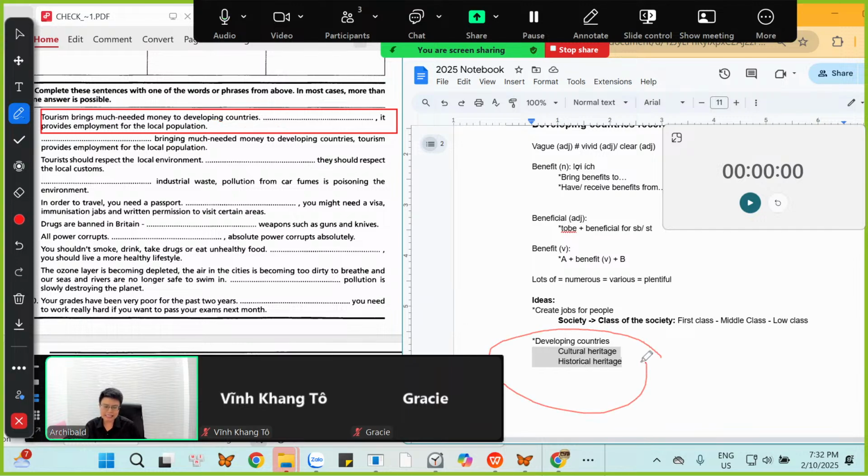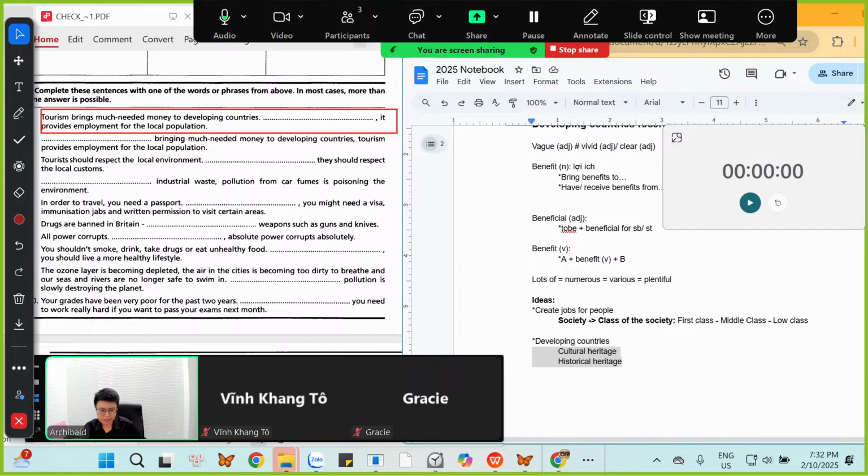Because, as Gracie has just shown us, she says that developing countries welcome tourists by its well-known cultural heritage and its famous historical heritage. If you say well-known, why is it well-known? If you say famous, why is it considered as famous historical heritage?